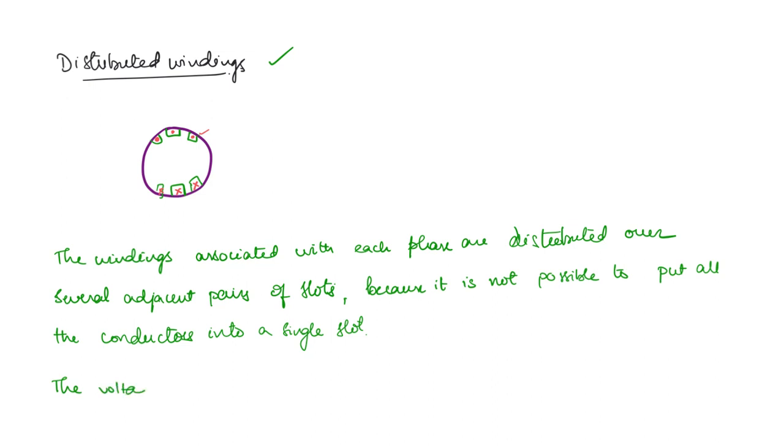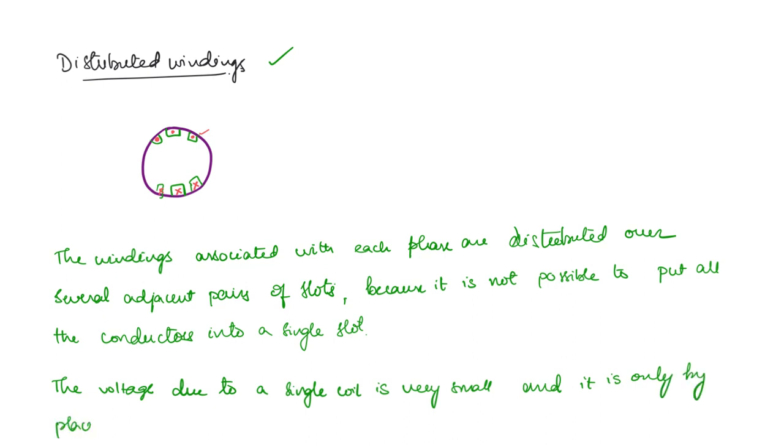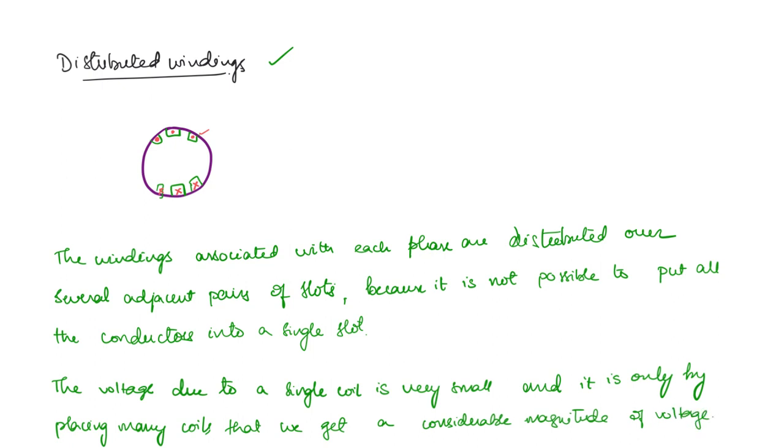The voltage due to a single coil is very small, and it is only by placing many coils that we get a considerable magnitude of voltage. That means the required level of voltage that we want is only obtained if we keep distributed windings.